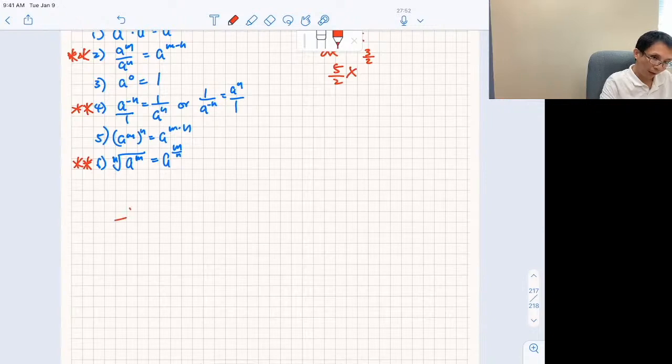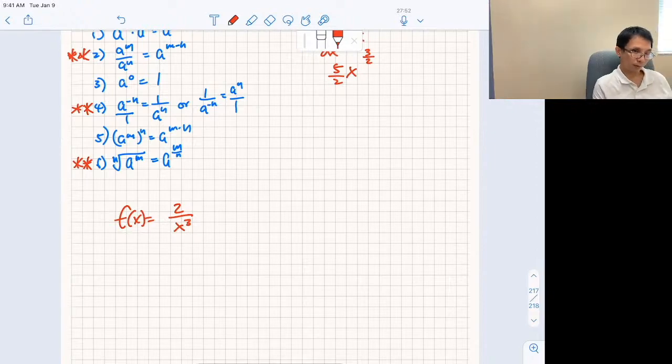Let's just say I have f of x is equal to 2 over x cubed. Then you say, okay, let's take a derivative of this. But what you're going to do is rewrite this. How do I rewrite it? This is in the denominator.